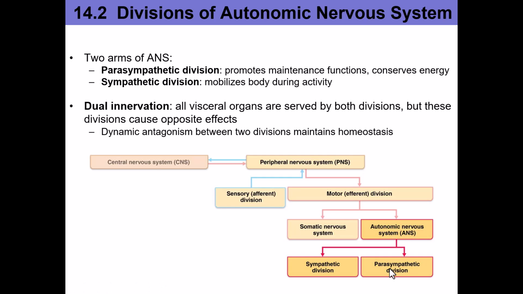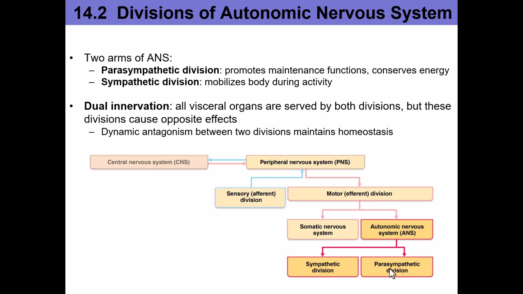They will never send their messages at the same time because their messages are opposite, and if they're sent at the same time, the target organs won't know what to do. So if the sympathetic division is active and sending signals to a particular target organ, the parasympathetic division will be off, and vice versa. And I'm not going to go through the differences in the effects of these two divisions. That's something you can look at on your own.